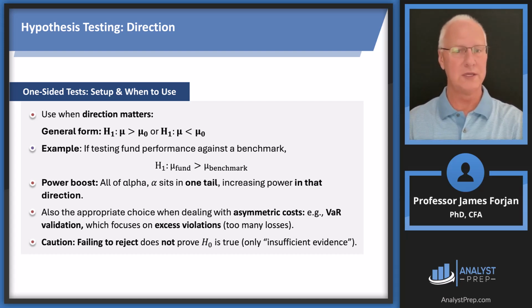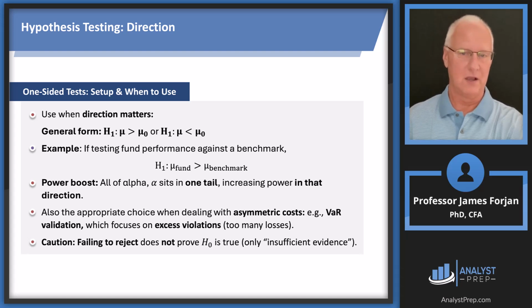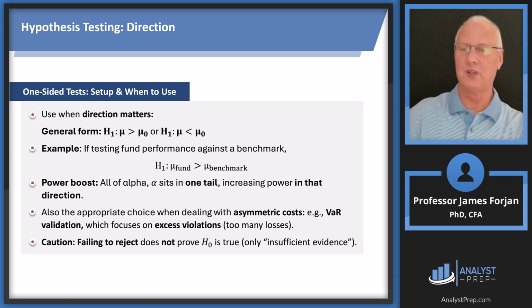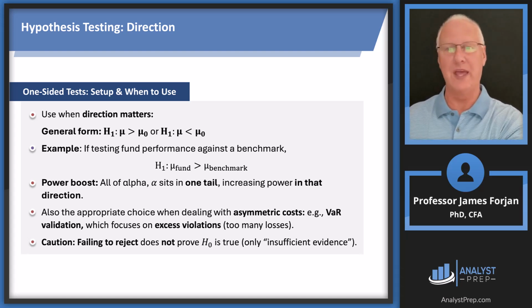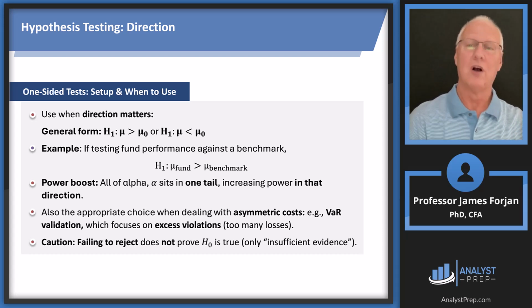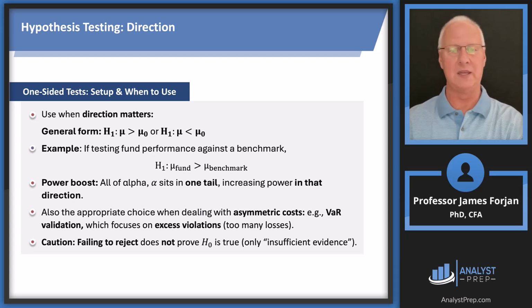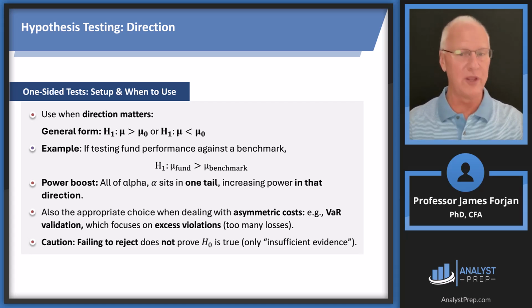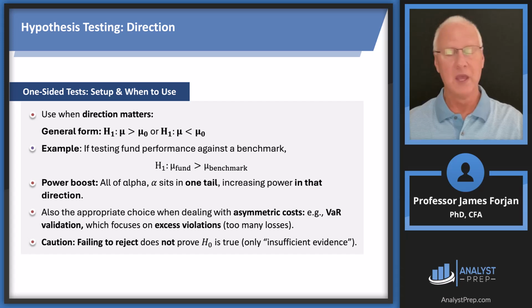But if we have a one-tail test, this is known as a power boost. We throw all of that 5% in the right tail or all of that 5% in the left tail. Now, this is going to be super important. We have talked recently about value at risk and expected shortfall. Those are going to be one-tail tests because all we care about is that left tail of losses.